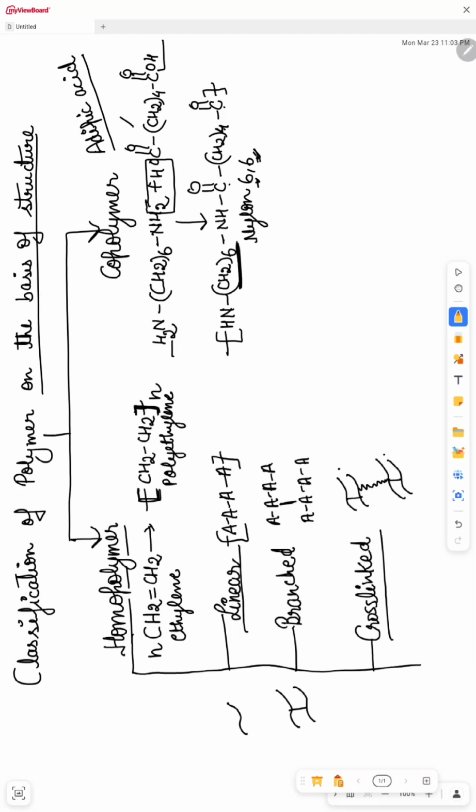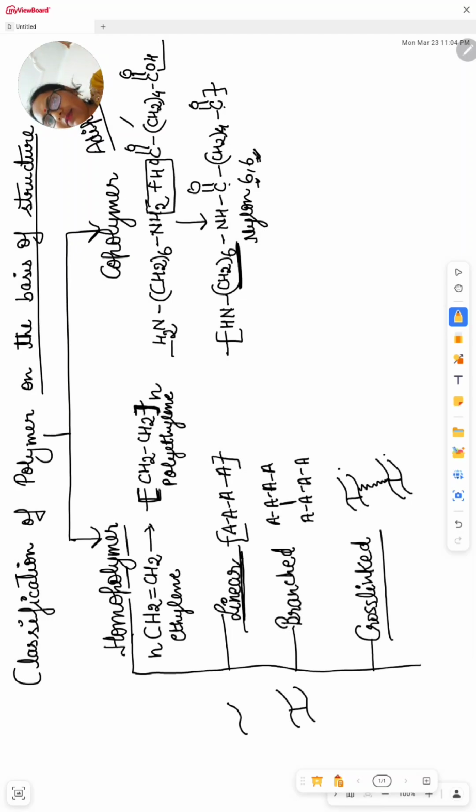What is the property? If the material is linear, it means it is a very soft material, like your eraser. If the arrangement is linear, always remember it is very, very soft. But if it is branched, the material becomes a little bit stiff.